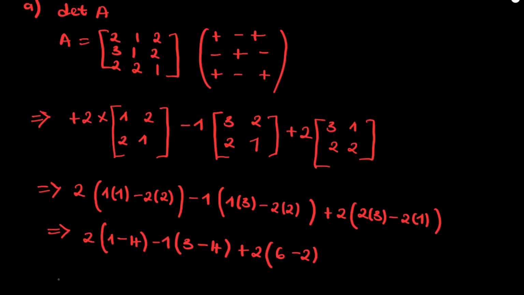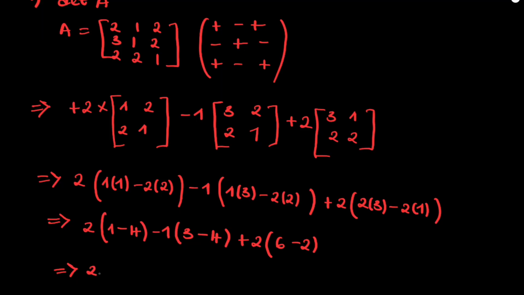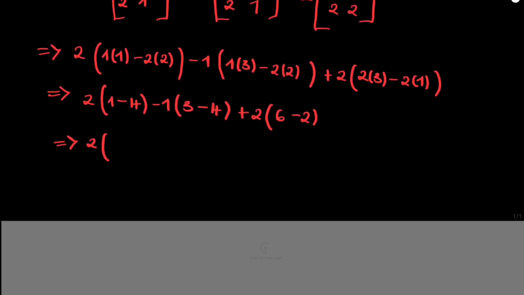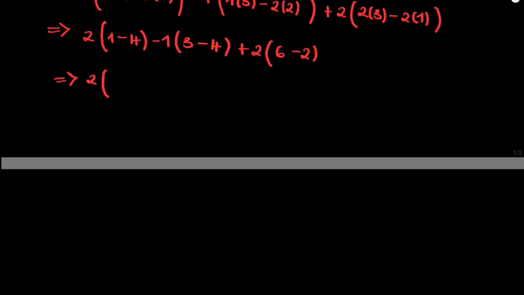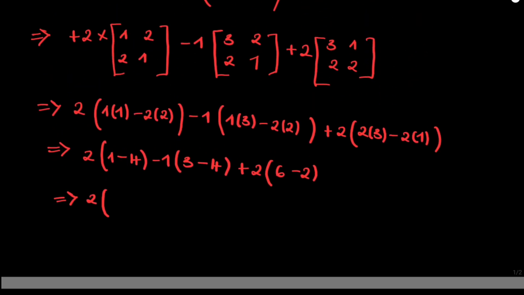Now we have 2 into 1 minus 4, and 1 minus 4 is minus 3. Then we have minus 1 into 3 minus 4, which is minus 1, plus 2 into 6 minus 2, which is 4. 2 times minus 3 is minus 6.